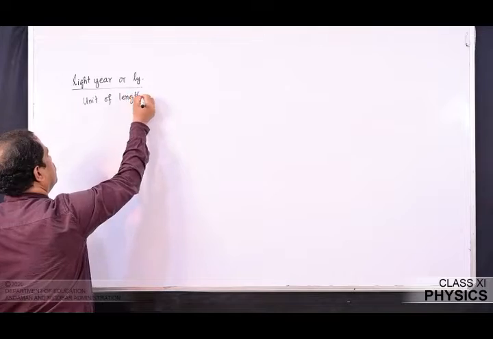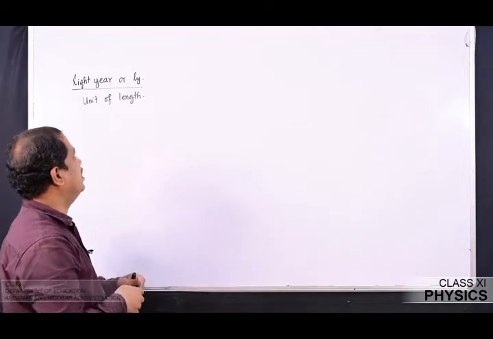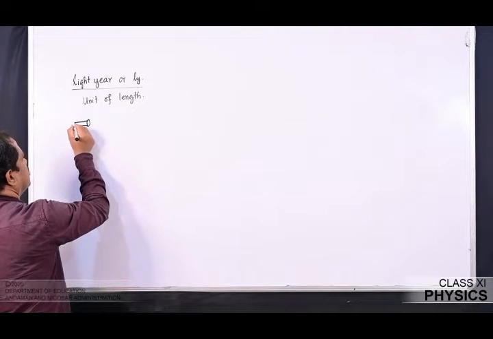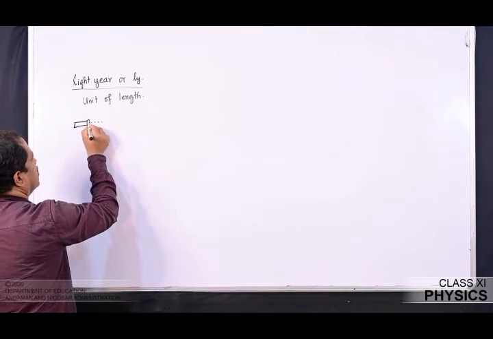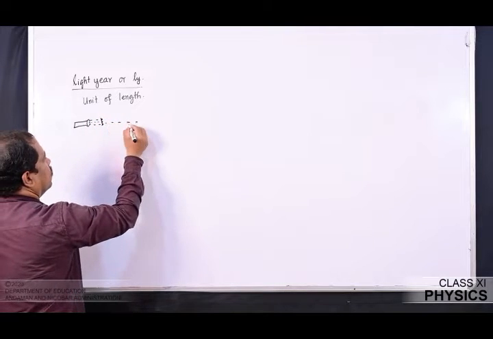So, if this is a unit of length, then which length do we call a light year? See please, if I have a source of light, say like this, and if I put on this light, and let me say that this light travels like this for 1 year time.